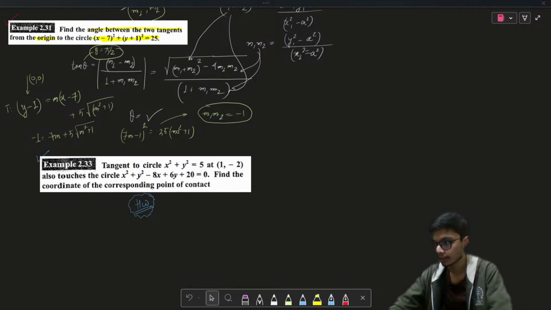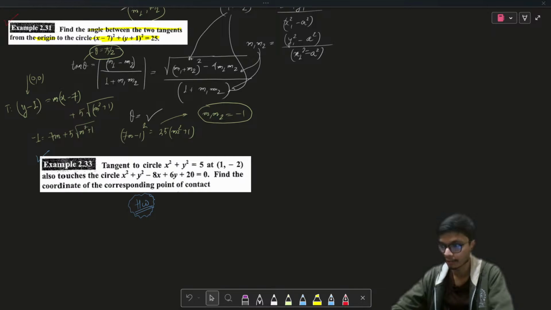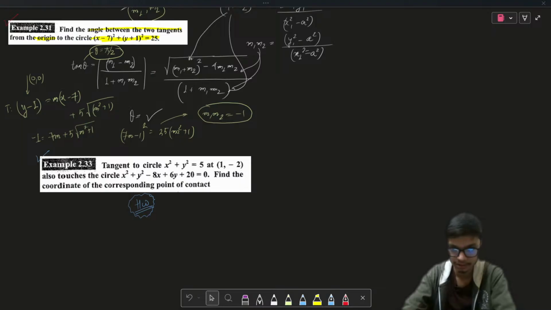Today we're going to continue with our discussion on circles. We have reached the concept of equations of tangent, and we saw how we can find the equation of a tangent to a circle at a given point.